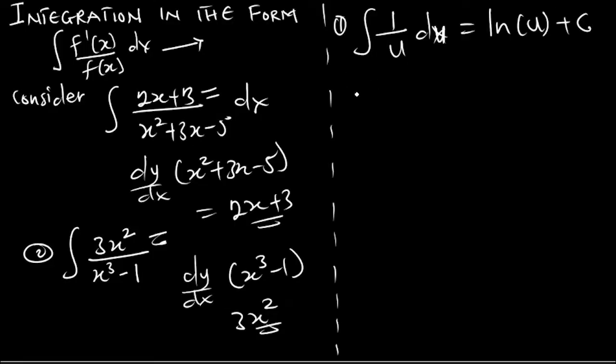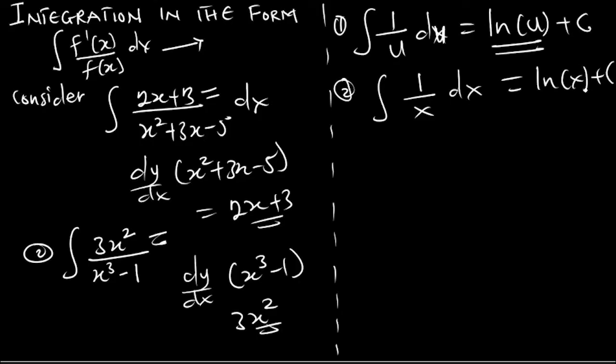Anytime we have an integral of this form where the derivative of the denominator is the numerator, we say the final answer is ln of that denominator. Are we okay? So 2, the integral of 1 on x dx. Since the derivative of the denominator is the numerator, then the integral is ln x plus c.